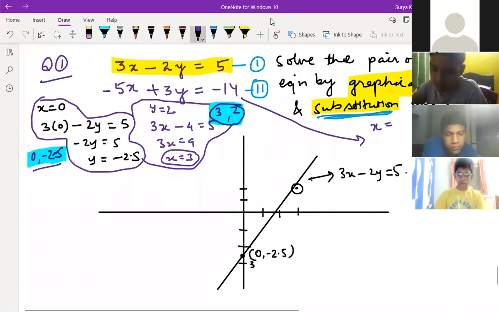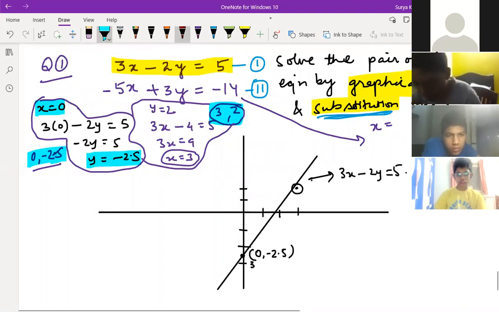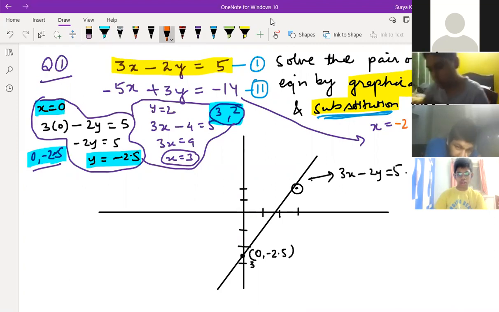Because see here, we have taken 2, so we got x is equal to 3 in the same way. Sir, minus 2. If you take minus 2, this becomes 10, right? Yeah, very good. So if you take x is equal to minus 2, children, what do you get here?